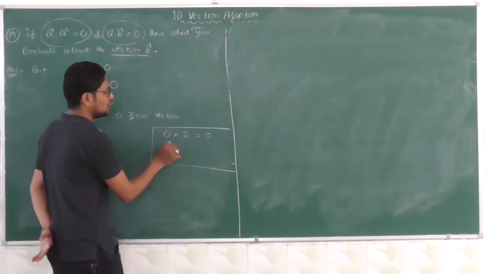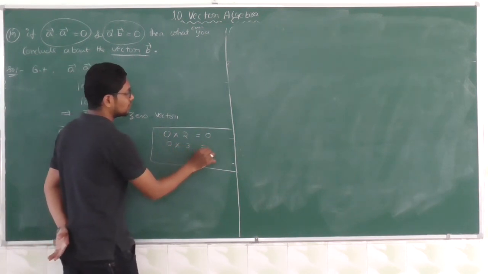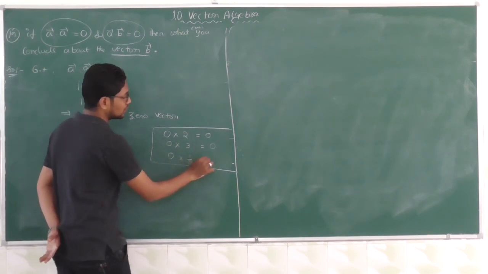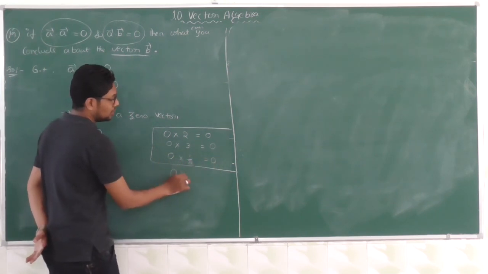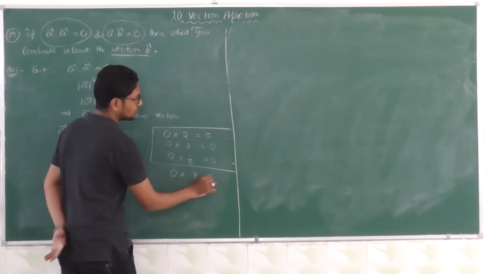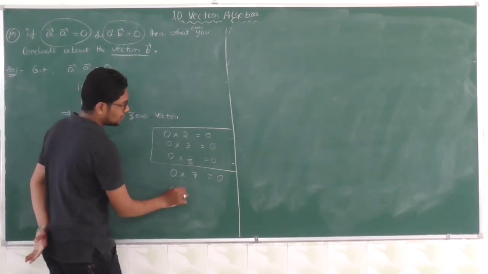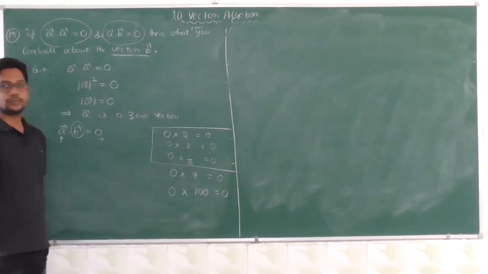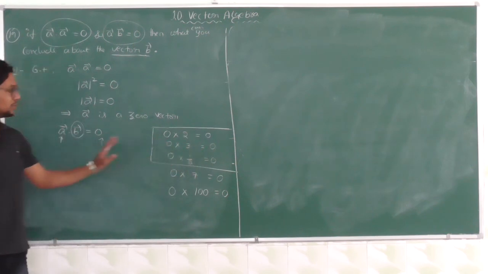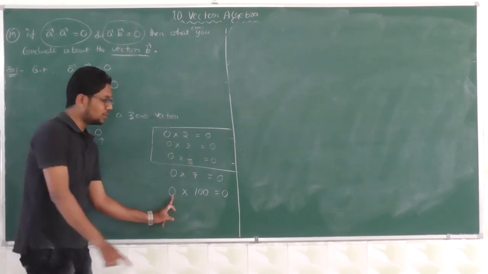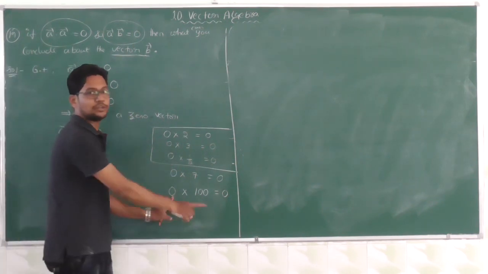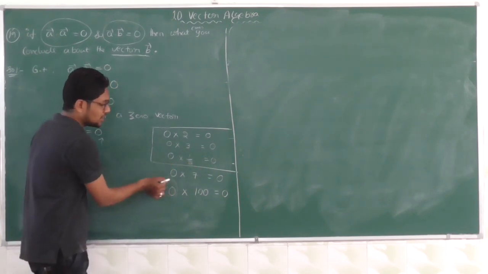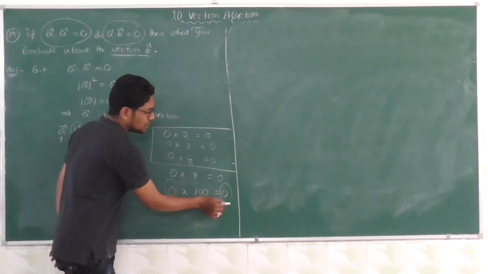Next, 0 into 3 is what? 0. 0 into 1 by 2 is what? 0. 0 into 7 is what? 0. 0 into 100 is what? 0. You just compare this one with this. 0 into 100 is 0. 0 into 7 is 0. 0 into 1 by 2 is 0. Right? It is 0.